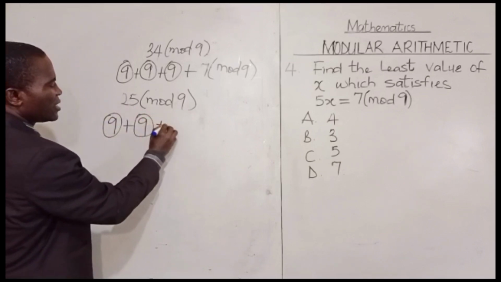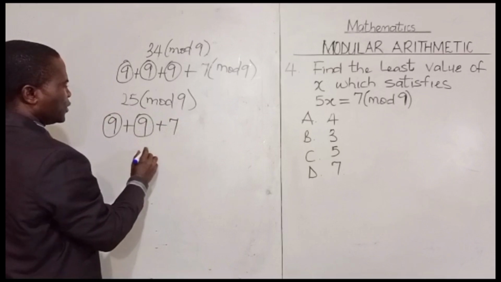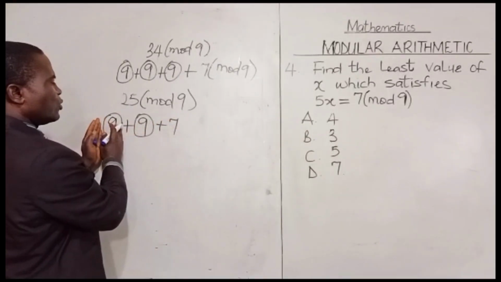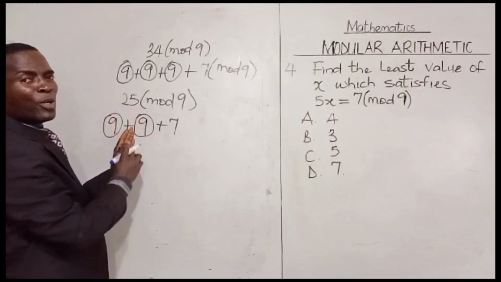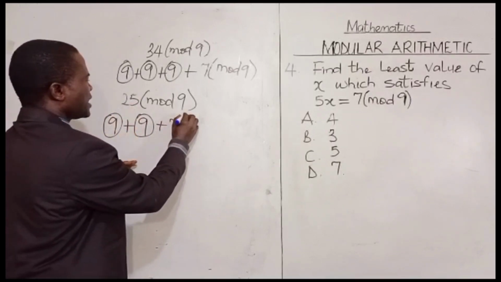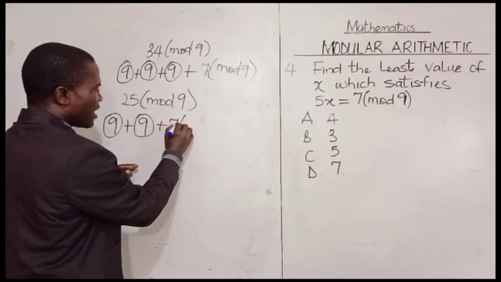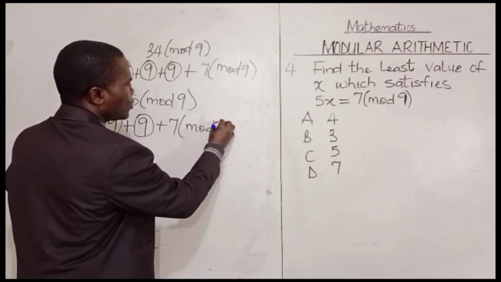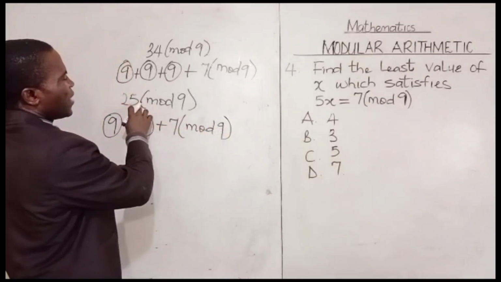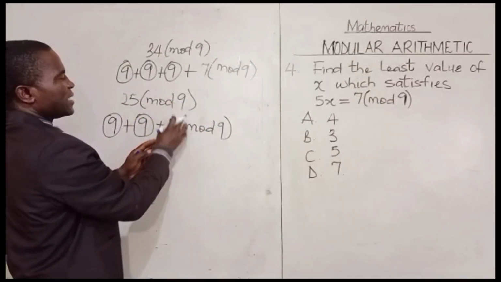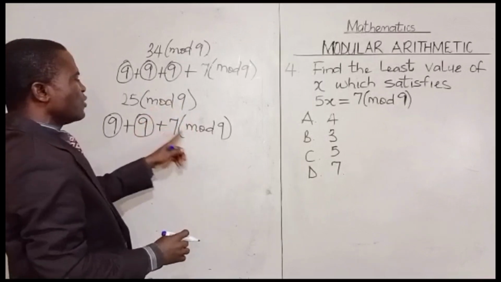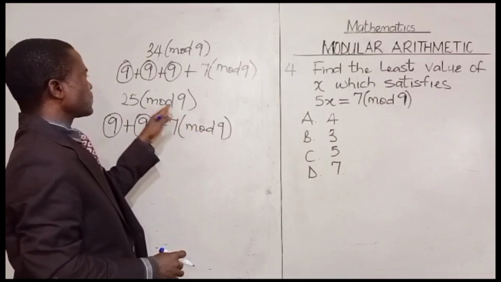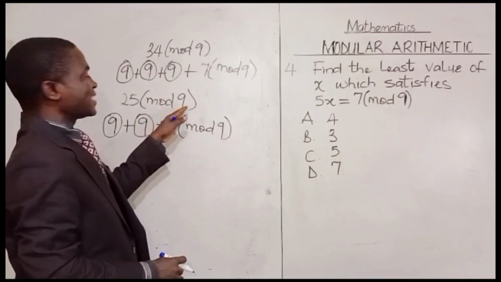It gives me 7. 7 is the remainder, the leftover after counting 25 in bundles of 9. That shows that this 7, the remainder, is the younger brother also to this 25 modulo 9. It has equal value with 7 modulo 9. So 7 modulo 9 is also a younger brother to 25 modulo 9.